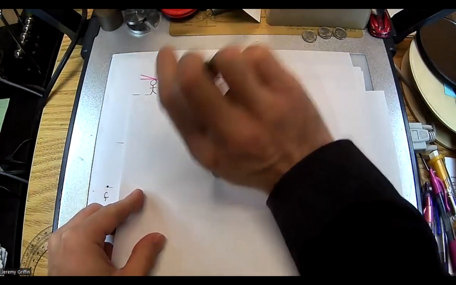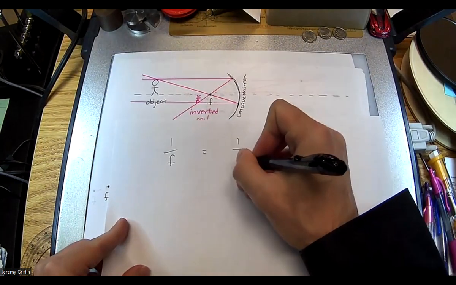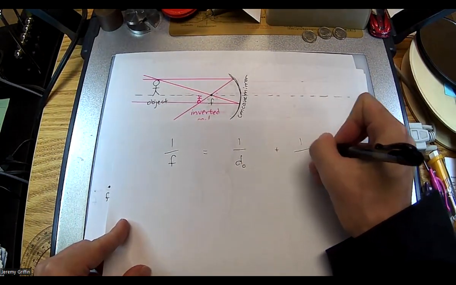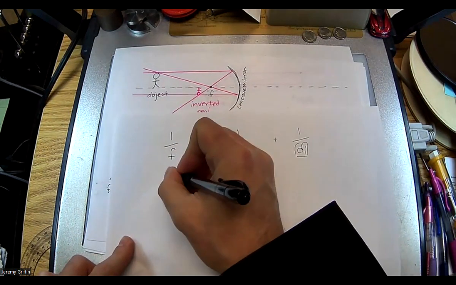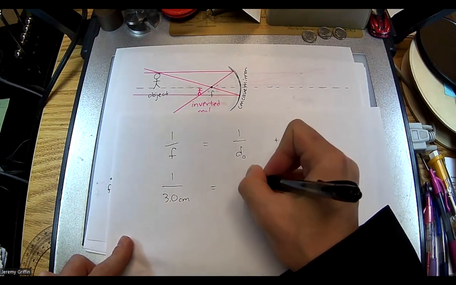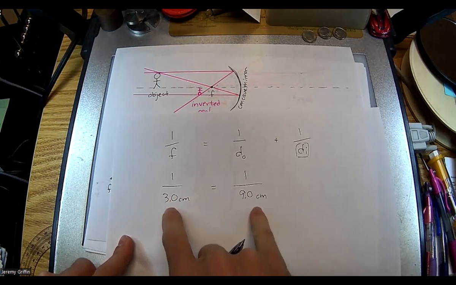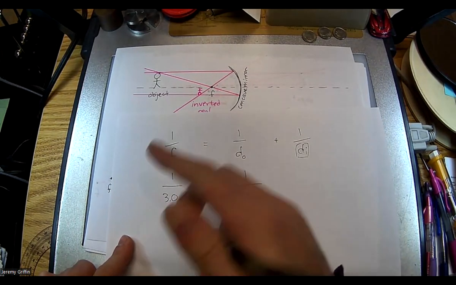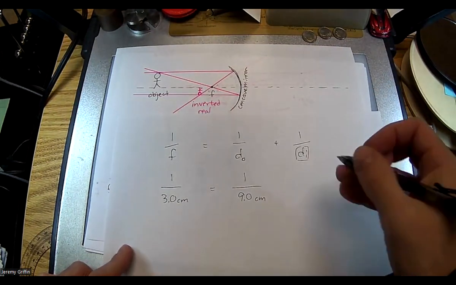Let's go 1 over focal distance is 1 over distance object plus 1 over distance image. Let's solve for distance image. So I have 3 centimeters as my focal length, and 9 centimeters is the object distance. Those are both positive values because they're both on the same side as the object, on the positive side.